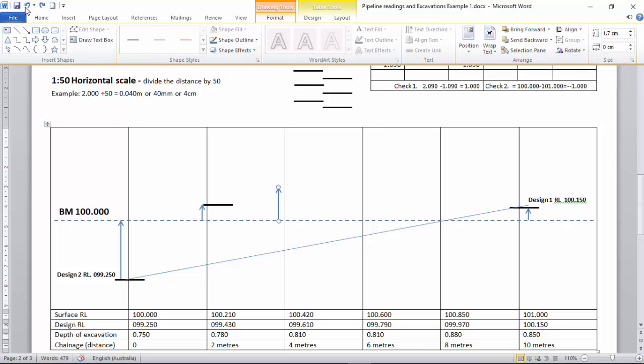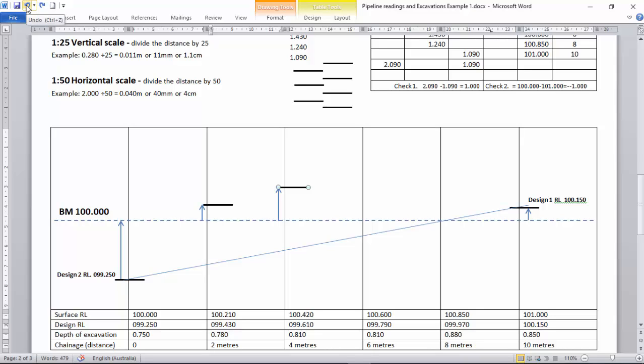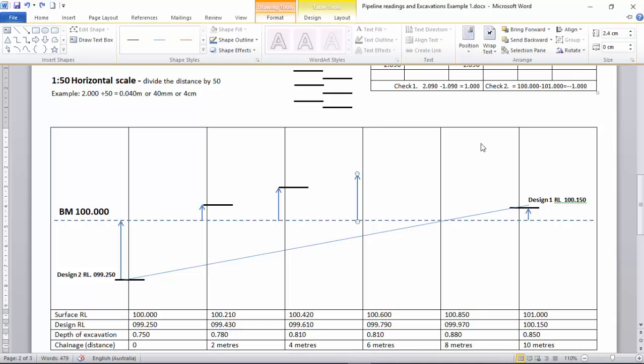Okay, so we put our tab there, and then we go to our next mark, which is 6 metres. And at 6 metres, it's 600 millimetres above our 100 millimetre level line. So we go 0.6 divided by 25, and that gives us 0.024, which if we click on that, it is 2.4. That's the length of our line.